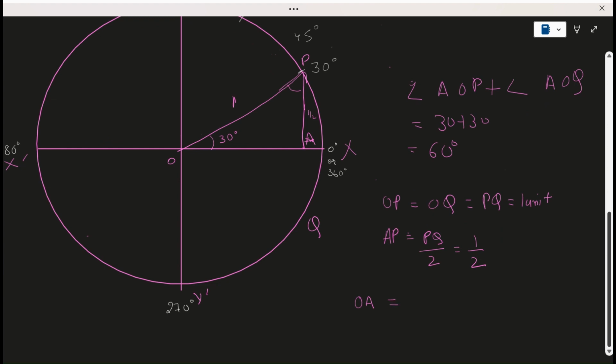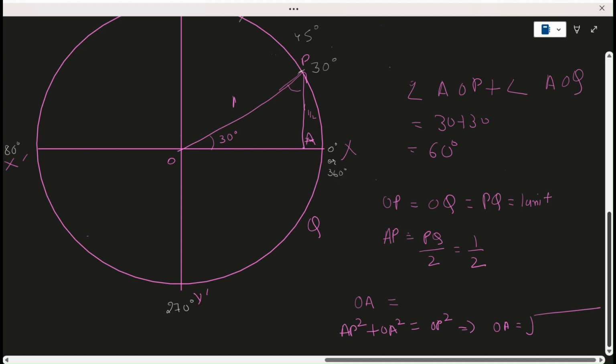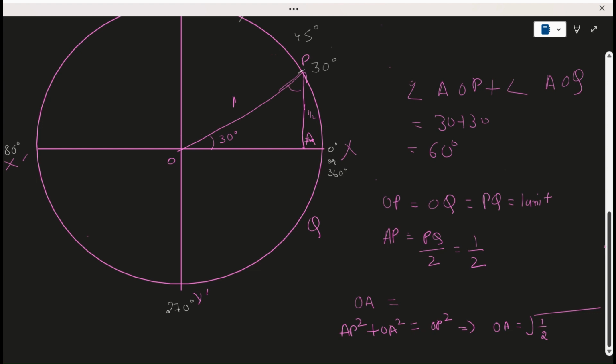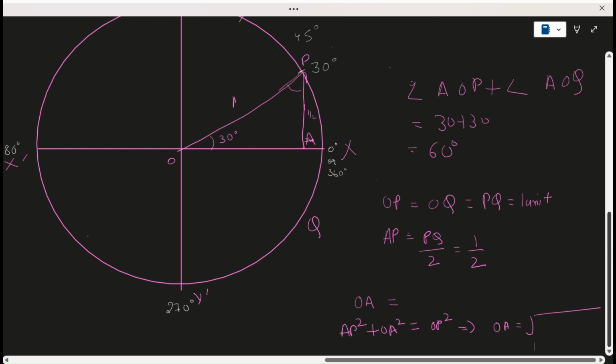That will be AP square plus OA square is equal to OP square, means OA is equal to under root of OP square minus AP square.